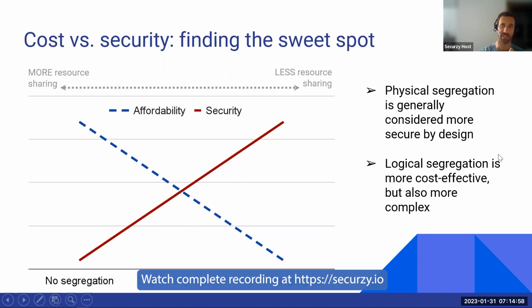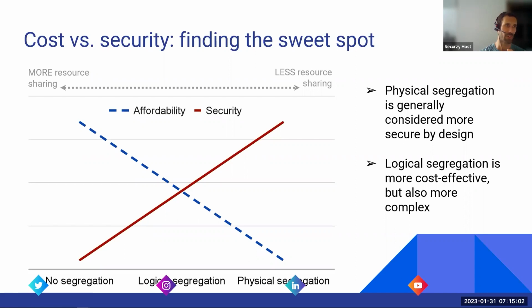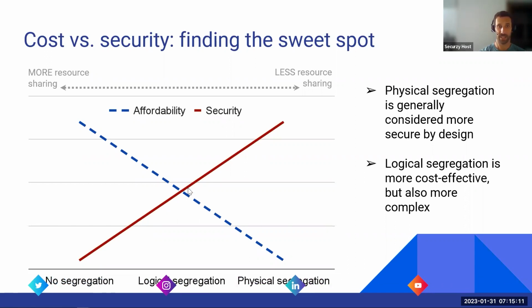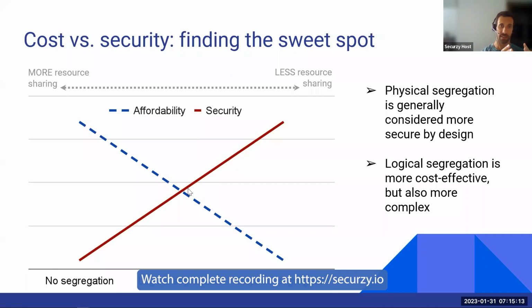This way you can save on resource cost, so it's more affordable for your customers or for yourself as a provider. And by design, your security might be lower because you are sharing some servers and systems. One tenant can see the data from the other tenants unless you take appropriate measures.